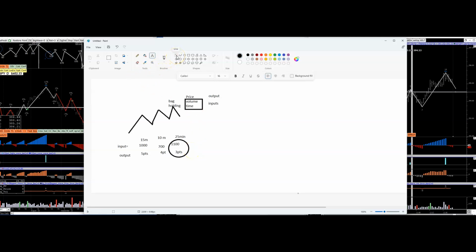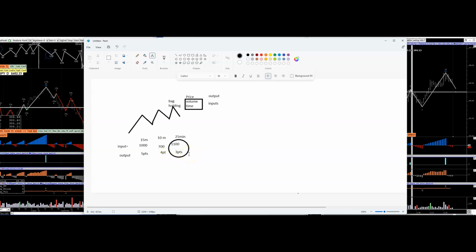All right, now I've said input is time and volume, and the output, I've put it in terms of price distance, meaning the wave or the length of the wave. Price distance is the length of the wave, is 5 points, 4 points, all of that.